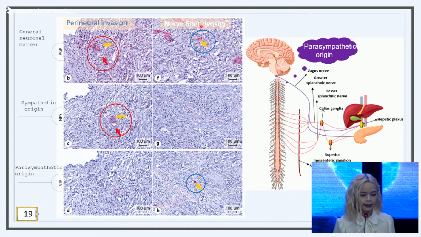On nerve fiber density slides, you can see small nerve fibers stand positive in the PGP immunohistochemistry, negative in the sympathetic origin immunohistochemistry, and the yellow arrow points to the positive staining in the parasympathetic origin immunohistochemistry.